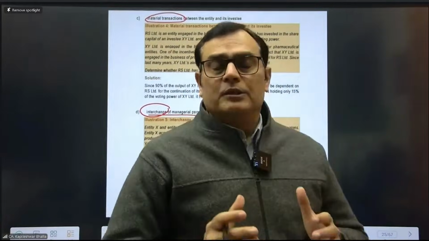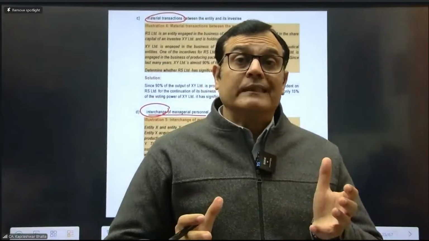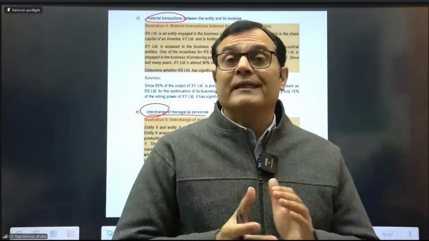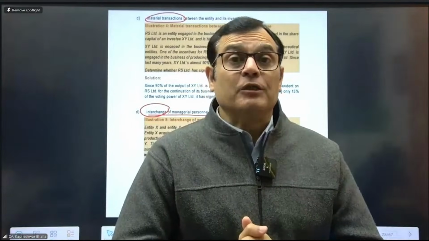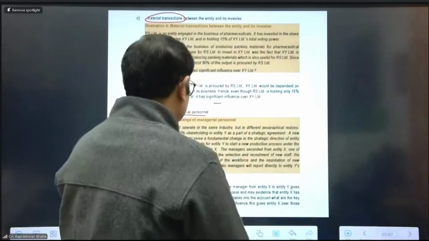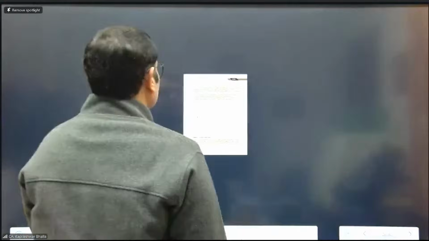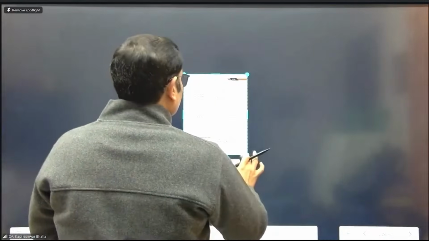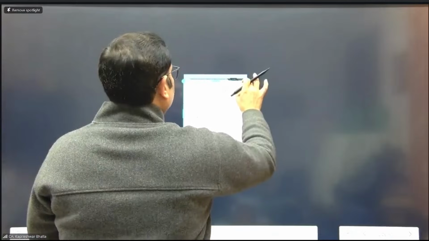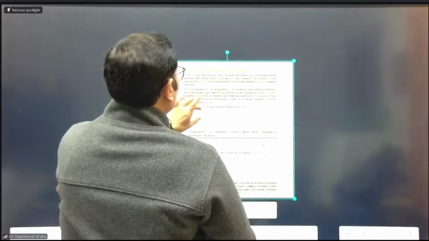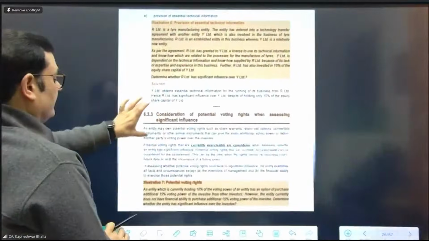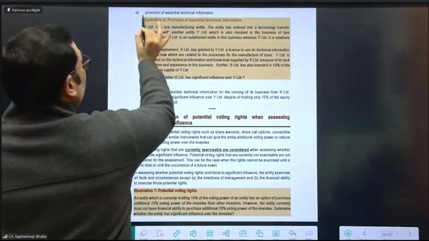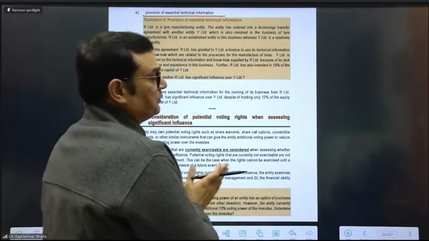You've got common directors in the company. The investor and the investee are supposed to be guided by common directors. Interchange of managerial personnel could be another input as well. And then we are given another last clause, and that is the provision for essential technical information.